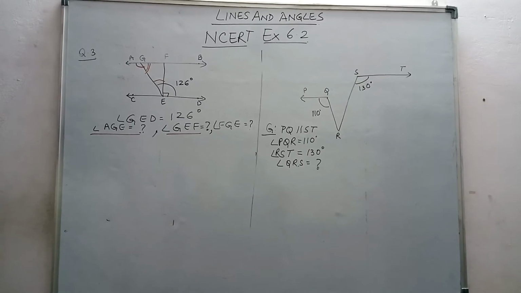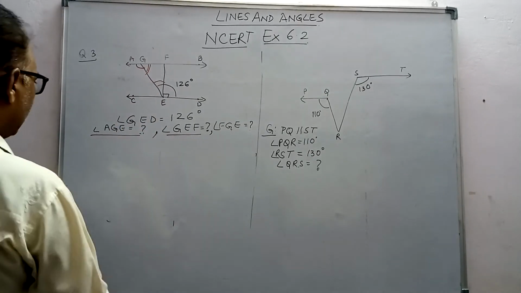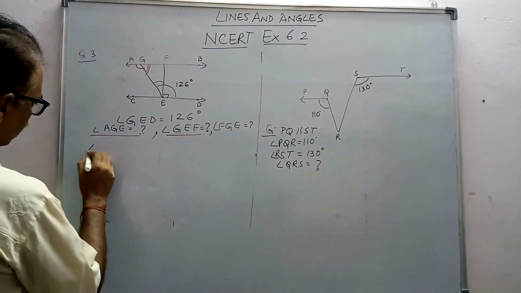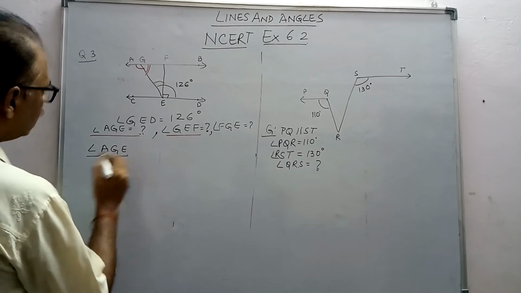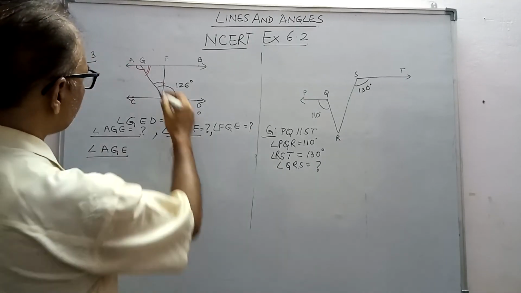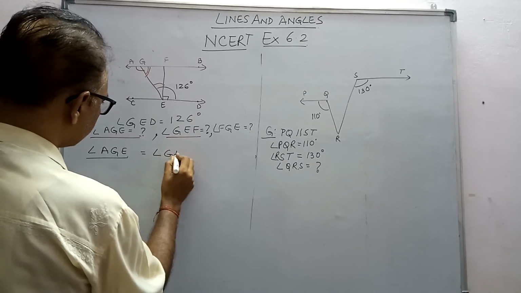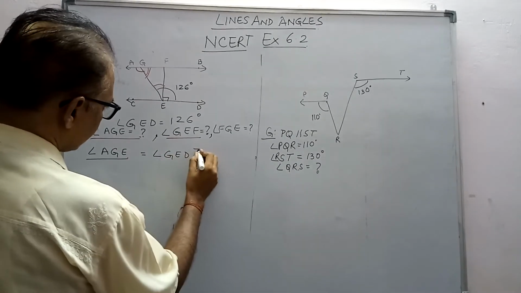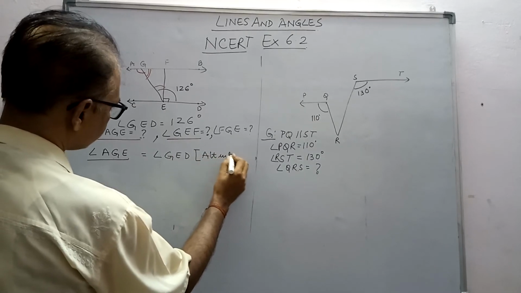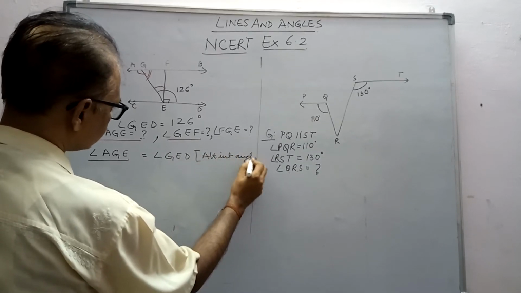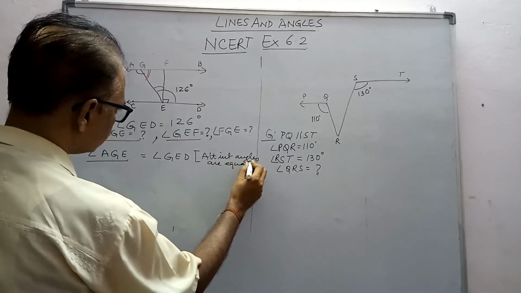Now first of all, let's start with angle AGE. Angle AGE is equal to angle GED. Reason: alternate interior angles are equal.